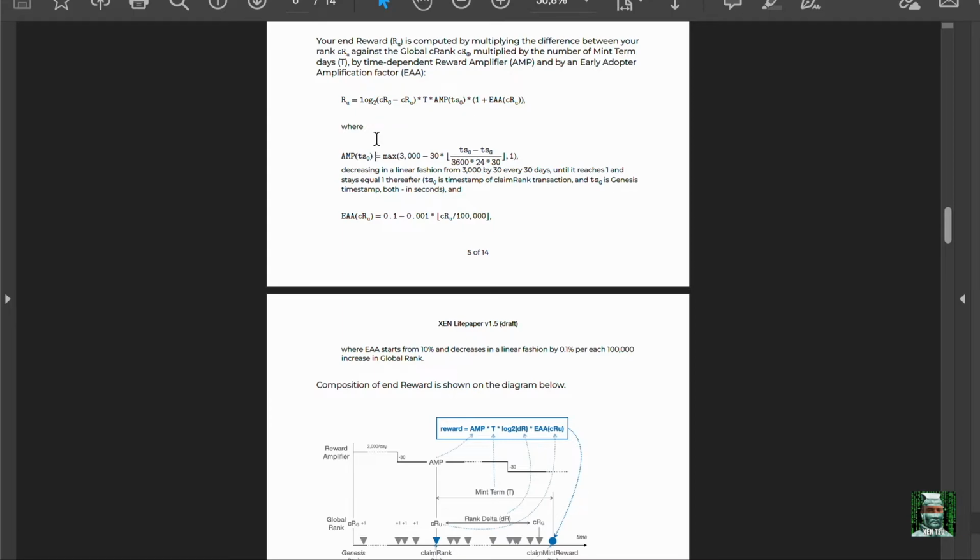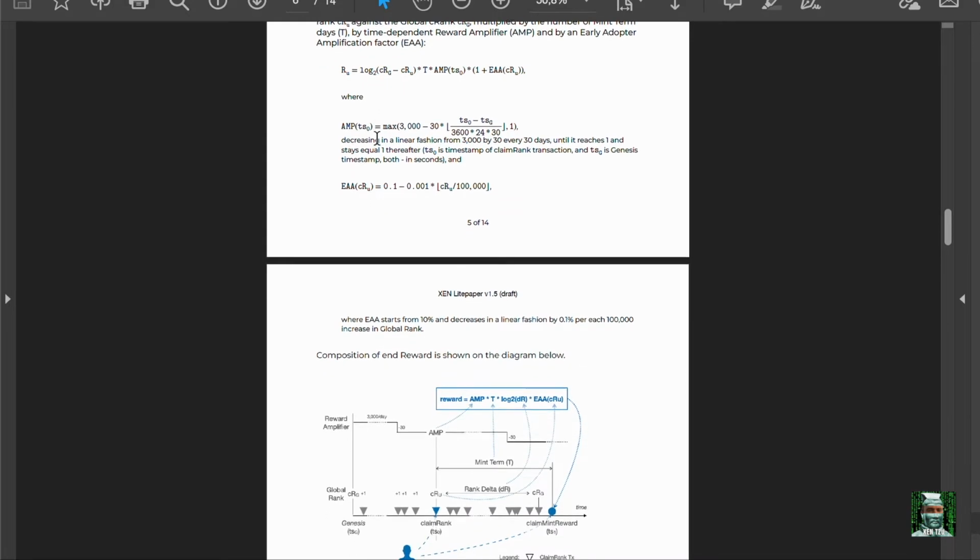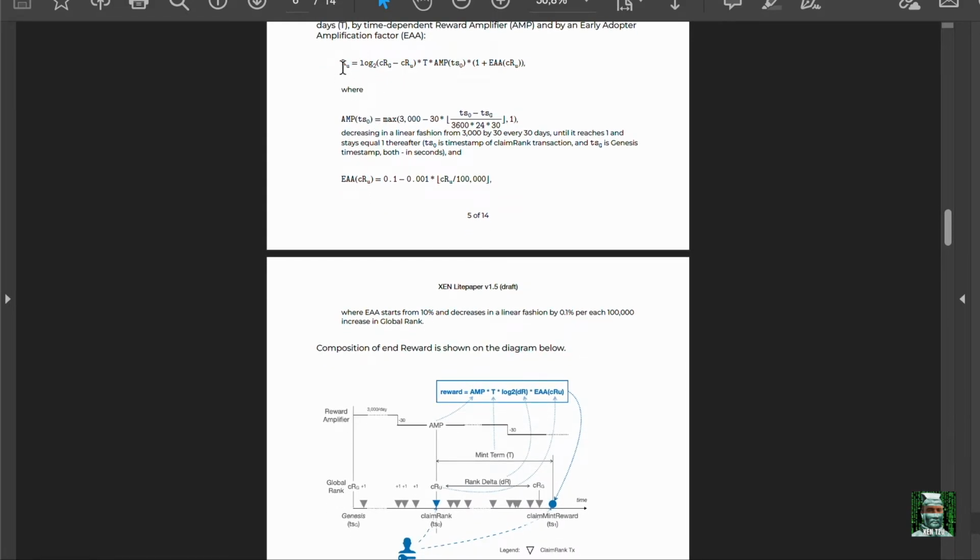But this is basically how it works, and I personally think it's a very beautiful formula, and it's very easy to understand once you look at it a few times. It really has all of these factors which are helping and incentivizing the whole network to spread.